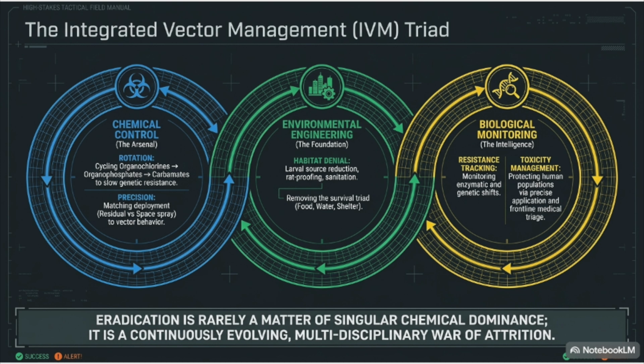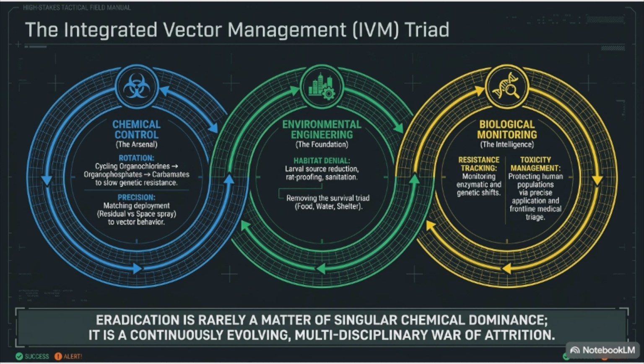Chemical control, the arsenal, involves rotating organochlorines, organophosphates, and carbamates to slow genetic resistance and matching deployment, residual versus space spray, to vector behavior. Environmental engineering, the foundation, involves habitat denial through larval source reduction, rat proofing, and sanitation, removing the survival triad of food, water, and shelter.